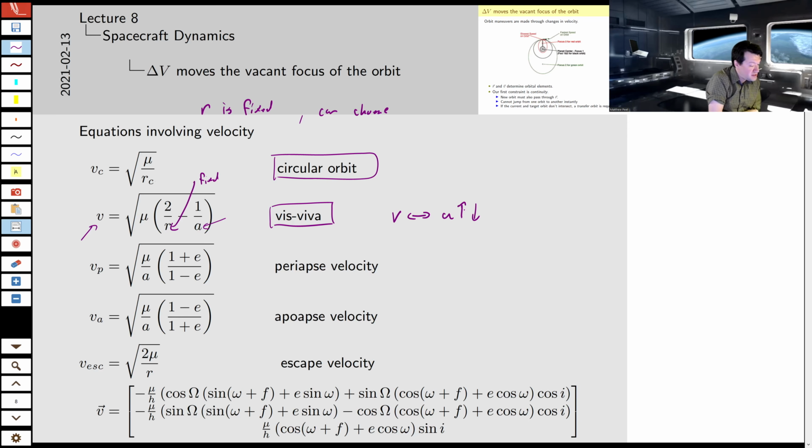What about eccentricity now? Well, this one's a little bit more complicated, and the relationship is a little bit more complicated.